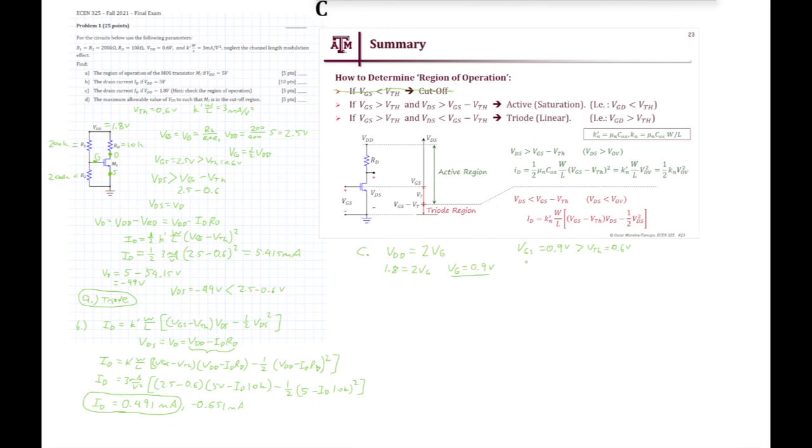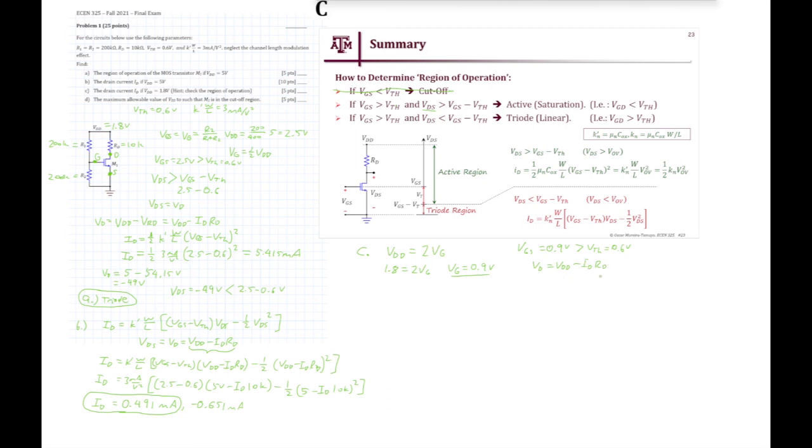Okay, next we have to determine if we are in the saturation region. And in order to do that, we have to find our VDS value right here. So we can use the same equation as before, which is VD is equal to VDD minus the voltage drop across the resistor, ID RD.